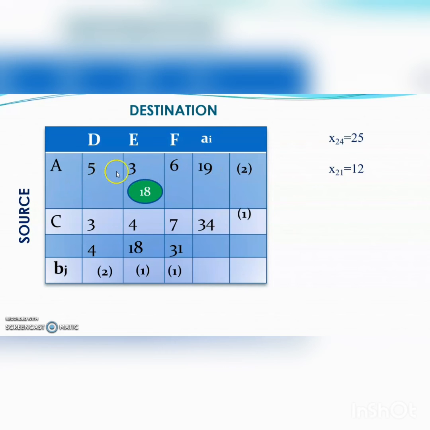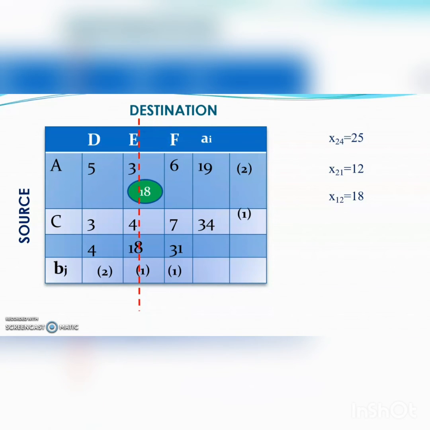Here the minimum cost occurs in the cell 1,2. So we allocate as much as possible in this cell. We see that we can allocate 18 units in this cell. So the value of x12 is 18, and we see that the requirement of the second column is met.